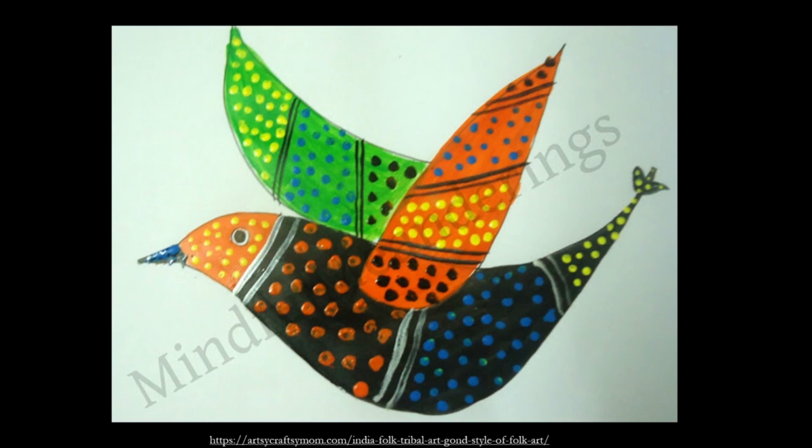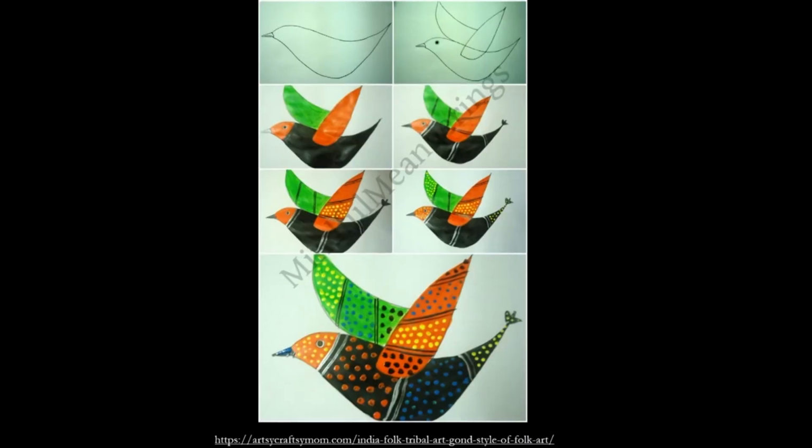Just pay attention to the way the wings, the body of the bird, the tail, the beak, the eyes are drawn, and see how the body is divided into different parts using sections, and then they have been filled with different colors, and dots and dashes are used to fill the body. This is where you start. First make the body of the bird, then the wings, then fill the colors. You can try making it if you like.